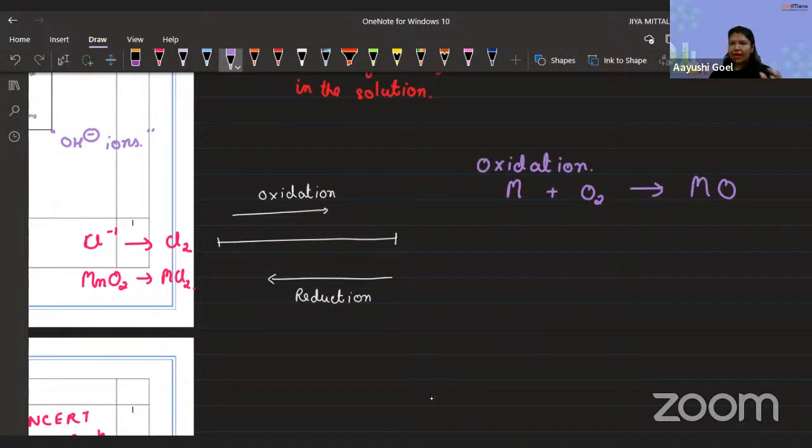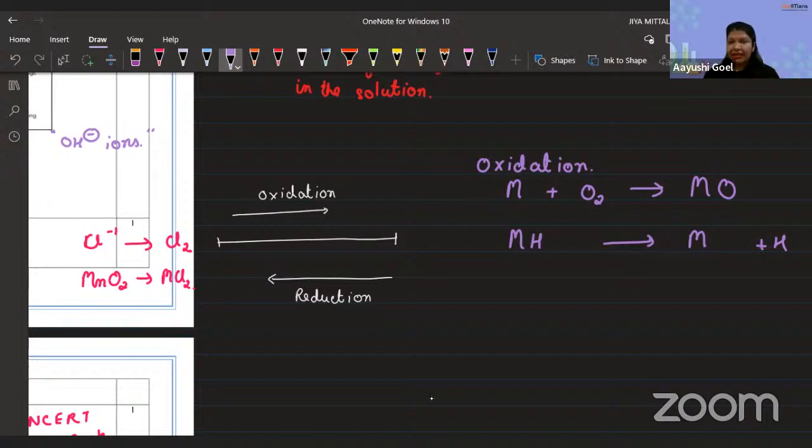That is oxidation. Or the second process is that there is hydrogen and you are removing that hydrogen. That is also oxidation. So oxidation is basically addition of oxygen or removal of hydrogen, because of the 10th class standard.